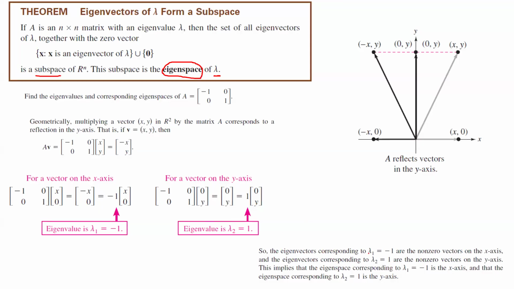So the eigenvectors corresponding to lambda equals negative 1 are the non-zero vectors on the x-axis, and the eigenvectors corresponding to lambda equals 1 are the non-zero vectors on the y-axis. This implies that the eigenspace corresponding to negative 1 is your x-axis, and the eigenspace corresponding to 1 is your y-axis. It includes the zero vector as well.